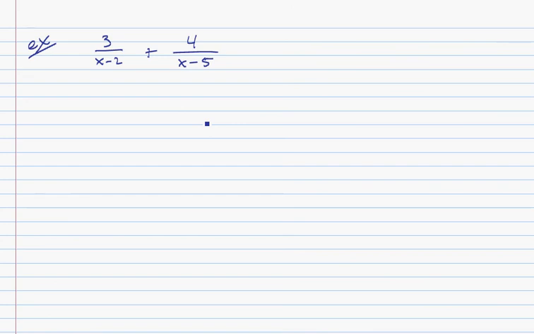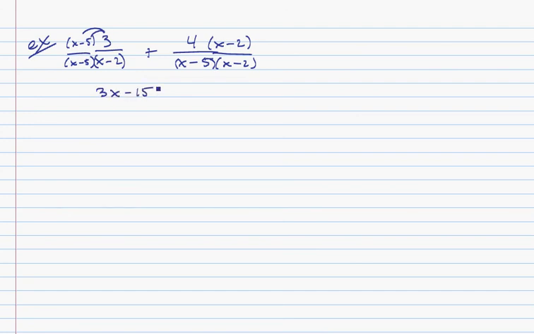So my strategy is, well, this x minus 5 I need to include on this side. So I will multiply the top and the bottom by x minus 5. That x minus 2 is missing over on the other side, so I'm going to multiply by x minus 2, top and bottom. And then I can multiply in.